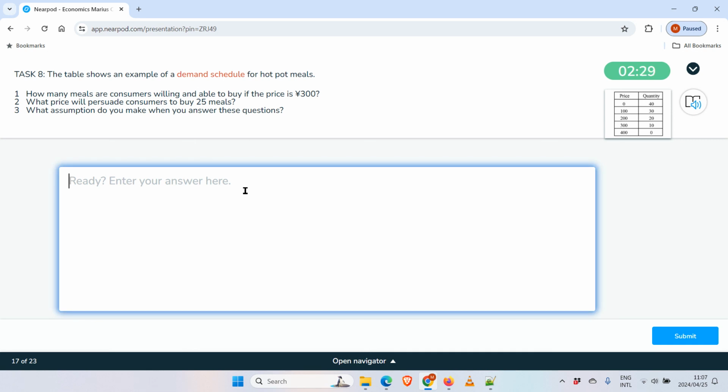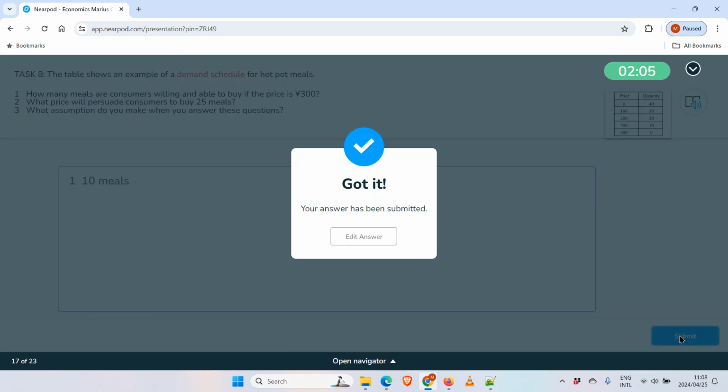Okay, so the student types in the answers. Question number one, how many meals are consumers willing and able to buy at a price of 300? At a price of 300, able to buy 10 meals, and so on. So when the student is finished, they will submit their answers.